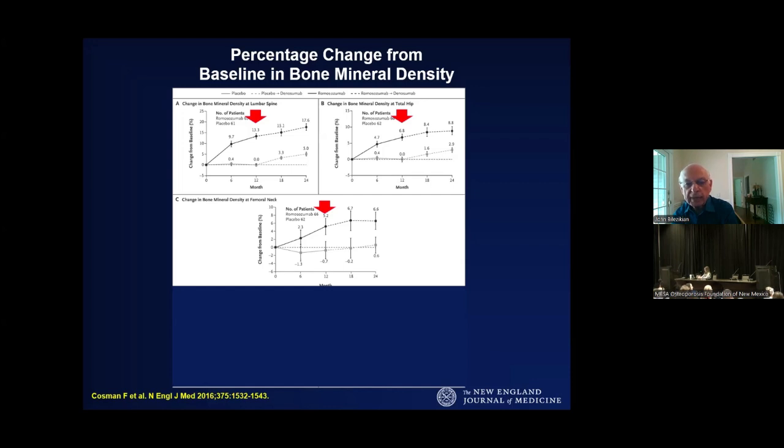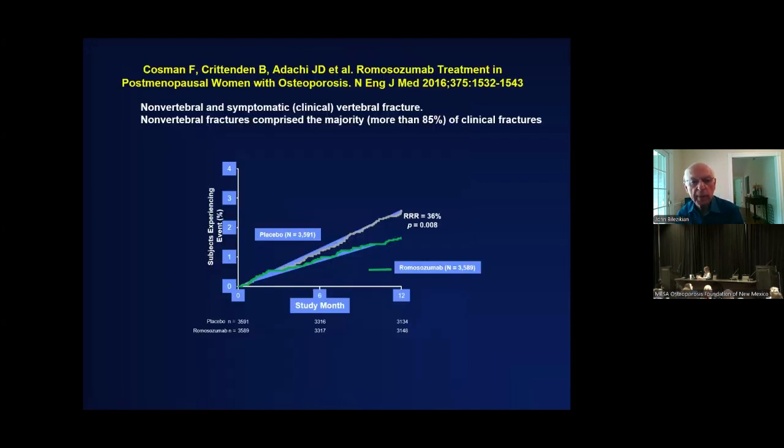But nevertheless, the total hip and the femoral neck show pretty impressive gains, 6.8% and 5.2% over the first year. And then the transition to denosumab gives you a little bit of an improvement over the first year of Romo.